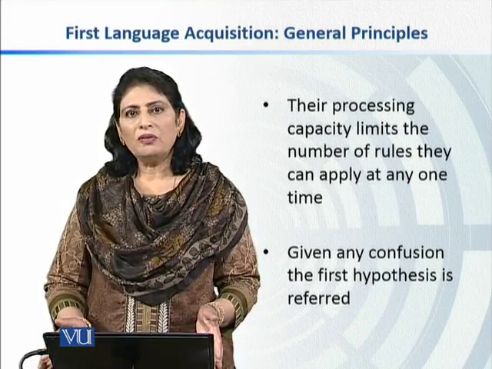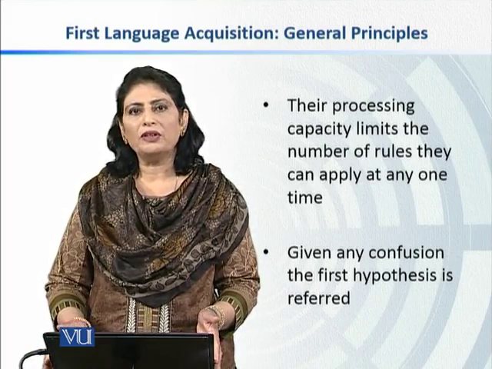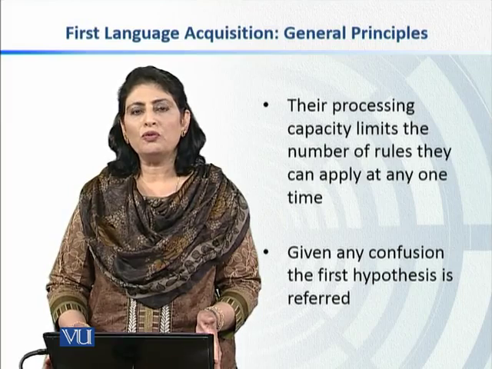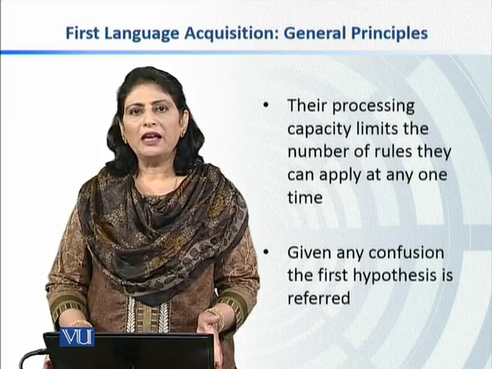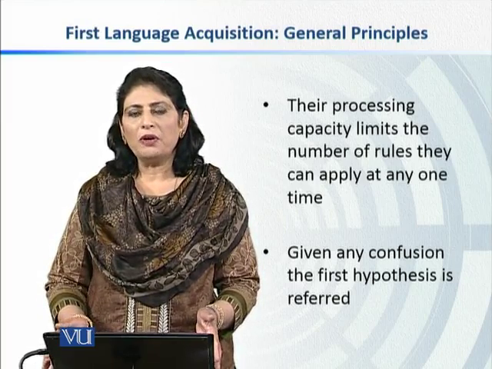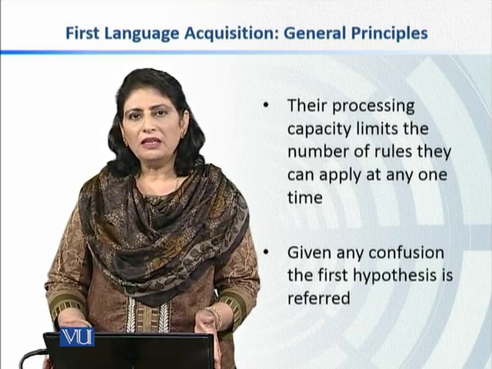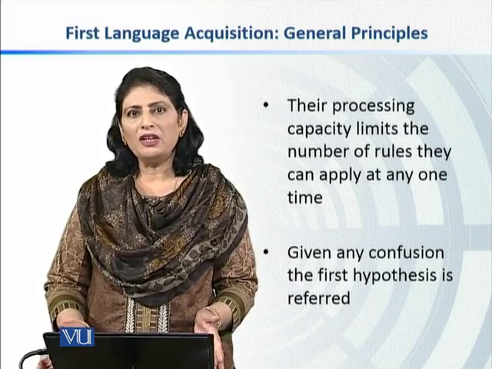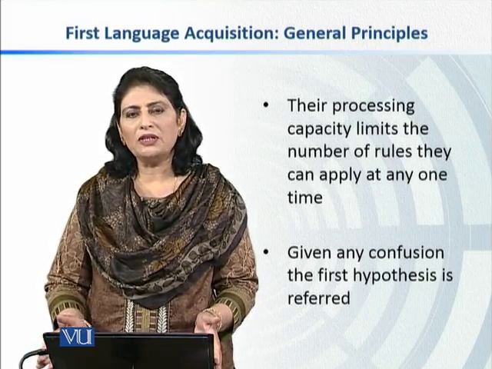It is also revealed in the research that the processing capacity for the children to use the rules or to make up the rules is limited, and it is dependent upon their development stage. So it is possible that whatever rule that they have learned or made up, they will apply it to whatever they have learned before.